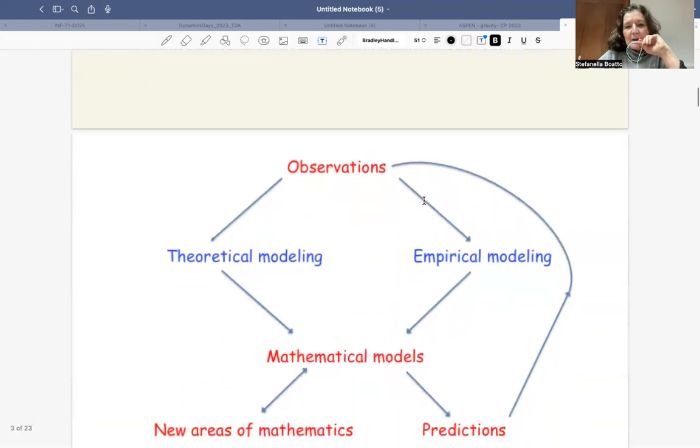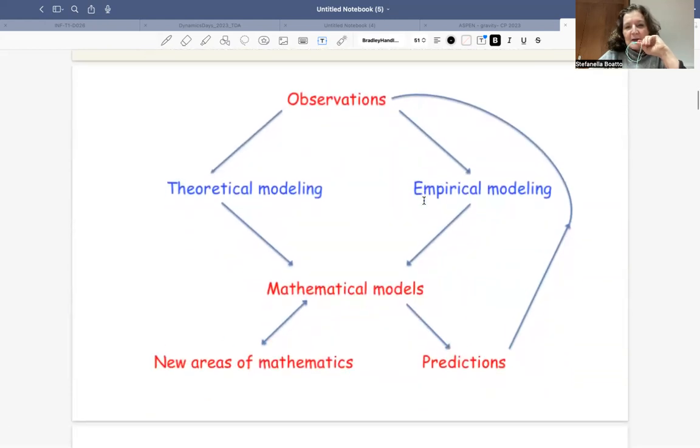So first of all, just a comment that when we have observations in general, we have two different approaches, theoretical modeling and empirical modeling, and both merge to bring some mathematical models. And in general, this is of much interest from the mathematical model point of view.